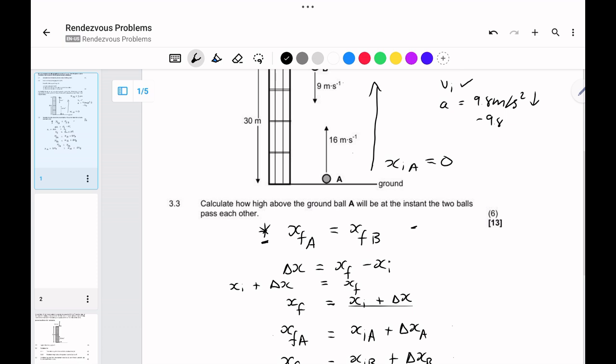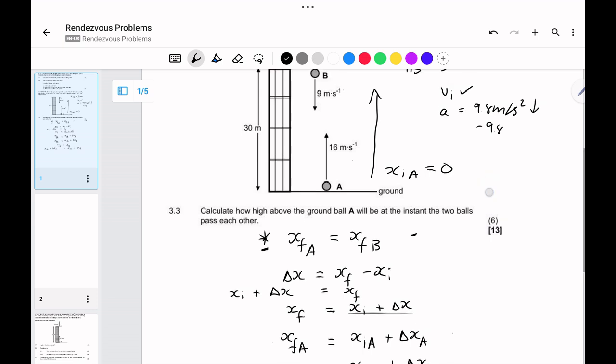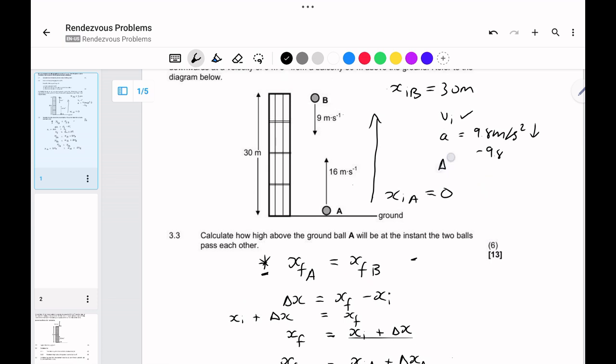So if you have a think, what equation has initial velocity, acceleration, and time, as well as displacement? Because of course we need an equation to represent the displacement.